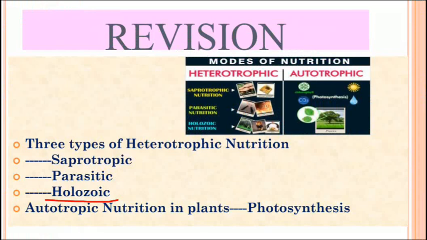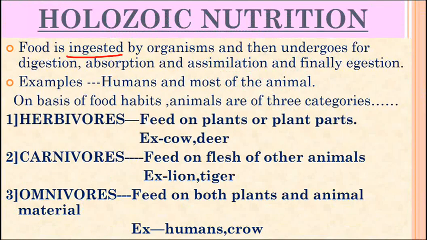Now, holozoic organisms break down the food inside the body depending upon the body design and its functioning. So human beings and most animals follow this mode of nutrition. On the basis of food habits, animals are categorized into three types. They are herbivore, carnivore, and omnivore.